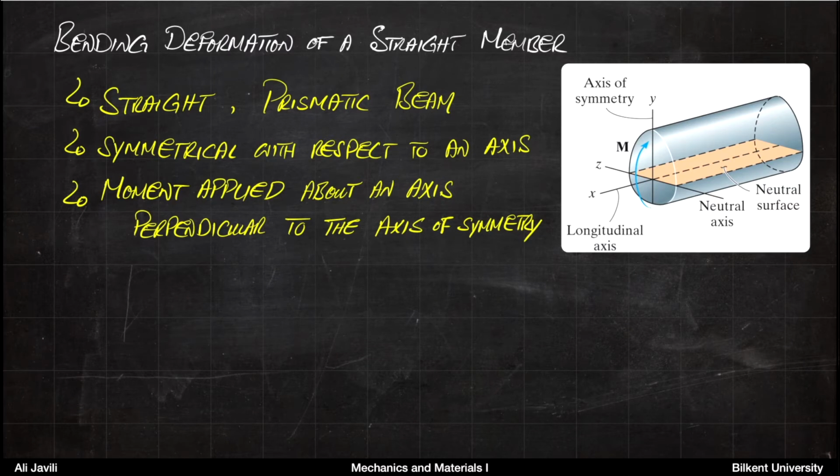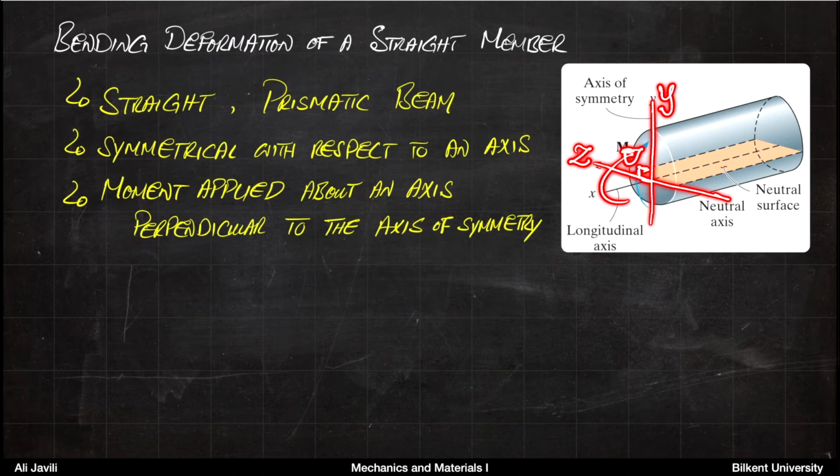If you look at the beam here, you have an axis of symmetry, and the moment is prescribed with respect to axis Z. Let's say here the y-axis is the axis of symmetry and Z is the axis with respect to which you apply the moment. So Z and Y are orthogonal to each other.